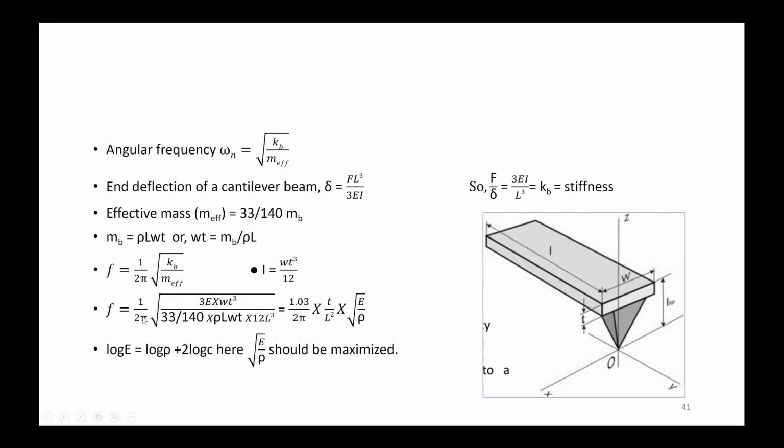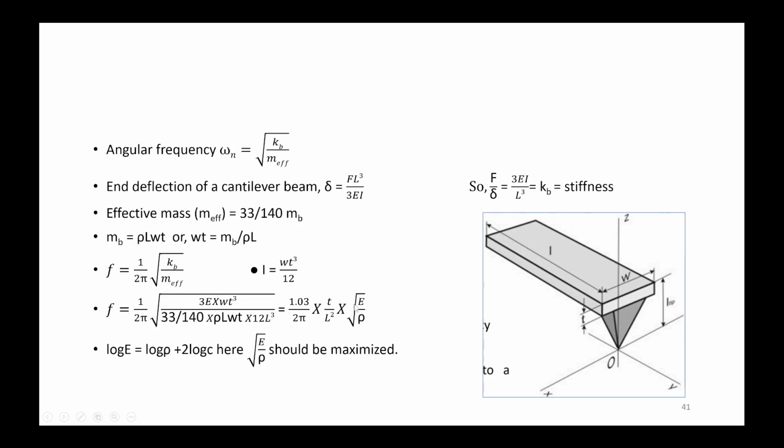So the entire equation will be f equal to 1 upon 2 pi times under root 3E times w t to the power 3 upon 33 upon 140 times rho L w t times 12 L cube. Now on solving we'll be getting this equation. Now this part should be maximized because this is the material index.